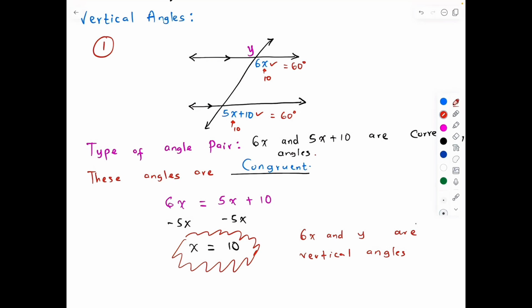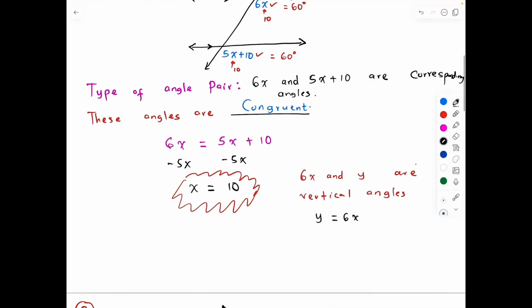We know that these angles will be congruent, which means my y is equal to 6x. And in that case, I just found that my x is 10. So I know that this is 6 times 10, and that is going to give me 60.